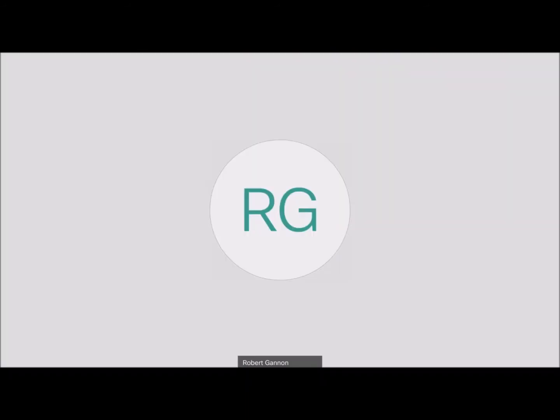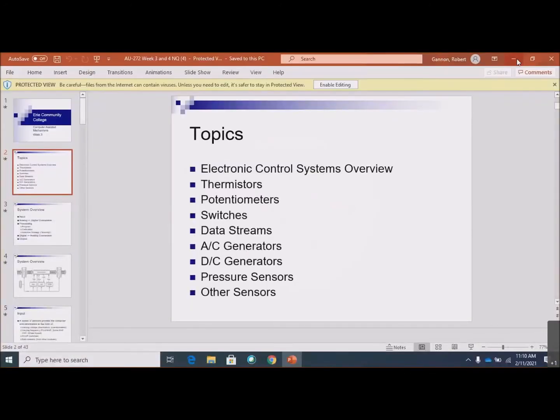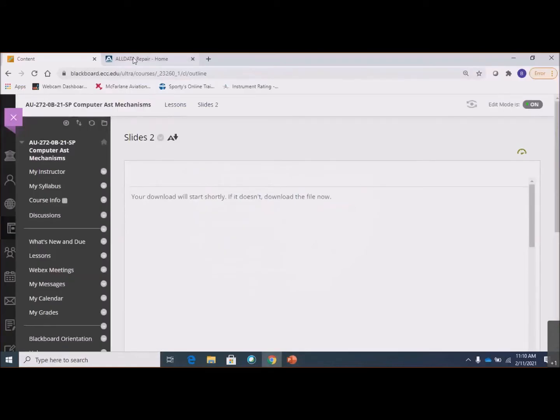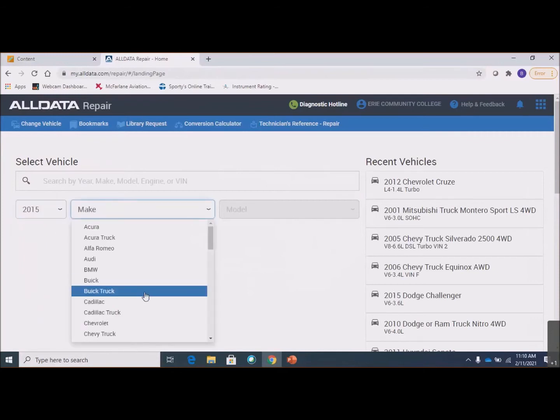So let's look at All Data for a minute. Let me shrink this down. Okay, so like I say, I'm going to go to 2015 because the 2014 just wasn't right.